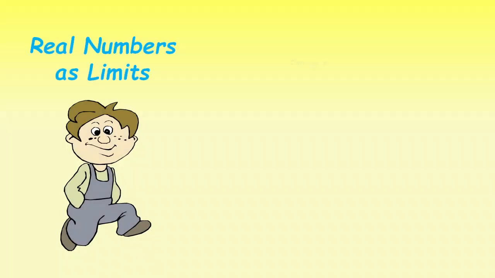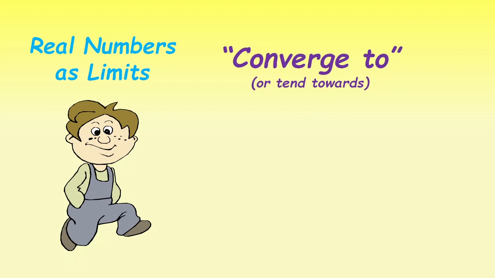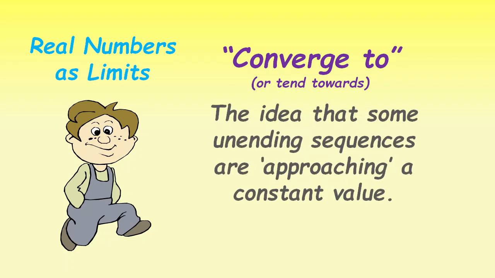This idea that unending non-zero terms can somehow equal a constant is often justified by the concept of converging to or tending towards. And this is the idea that a sequence can be approaching a fixed value, and this can be a very convincing argument.